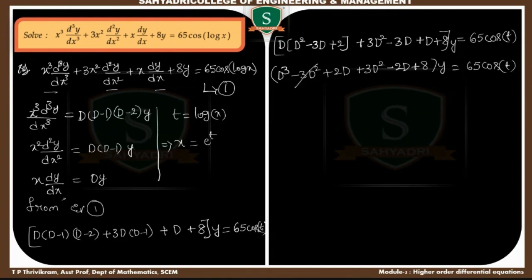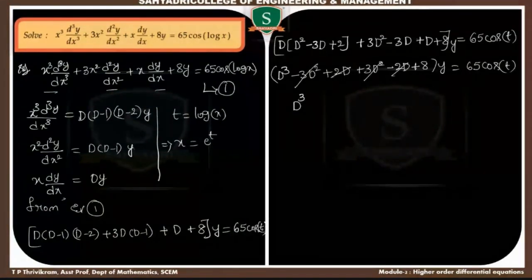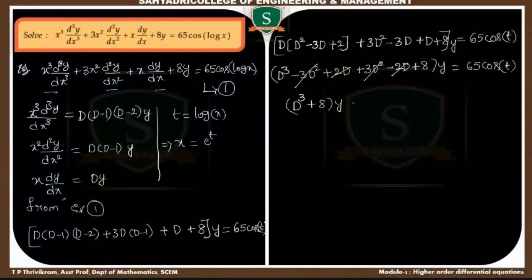So 3d square minus 3d square get cancelled. 2d minus 2d get cancelled. We got d cube plus 8 into y is equal to 65 cos t.